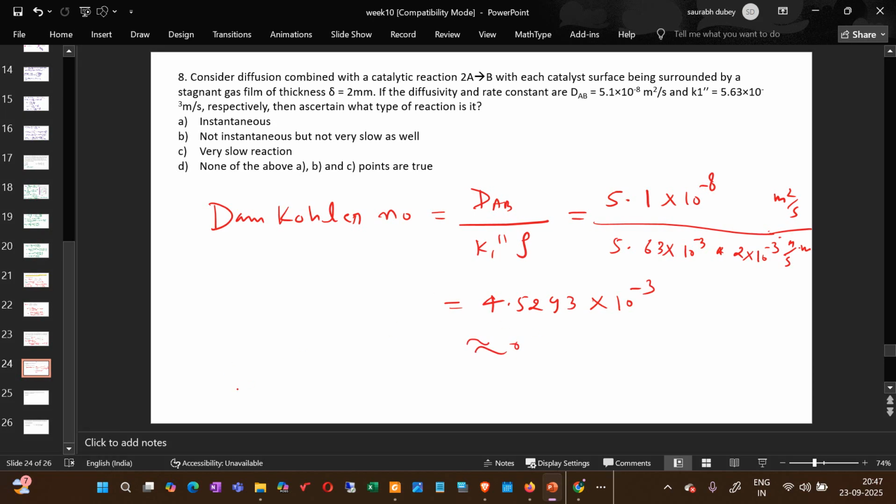So it means, since the Damkohler number tends to zero, it is instantaneous. It is diffusion to reaction. So almost it is zero. So it is instantaneous, right? Okay, so A is correct.